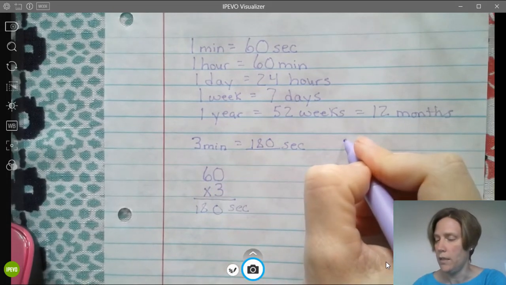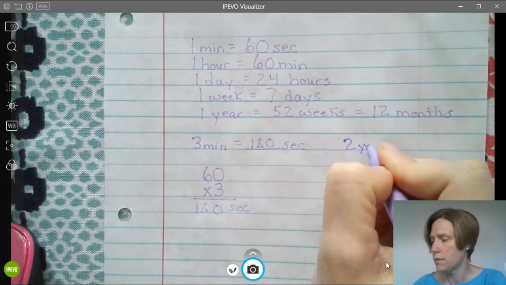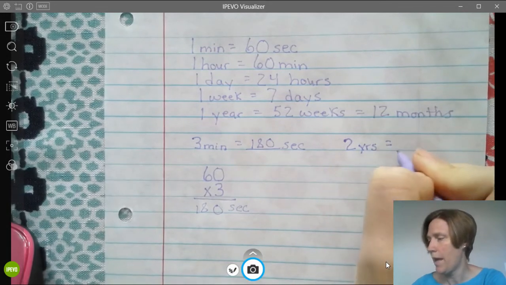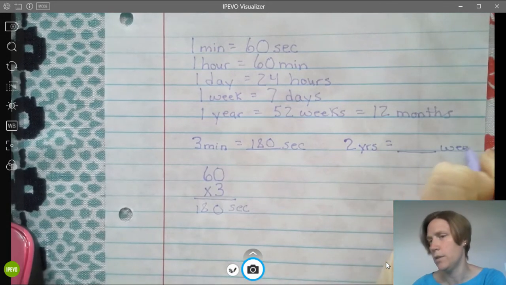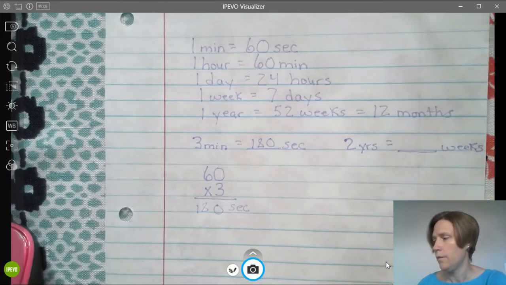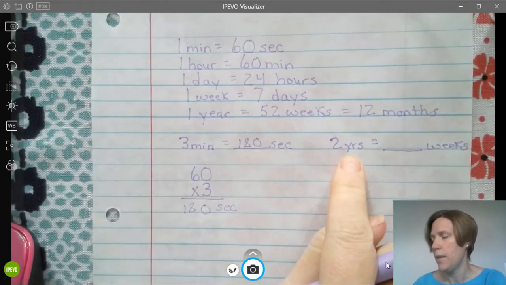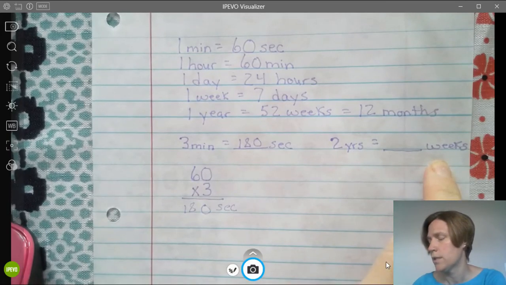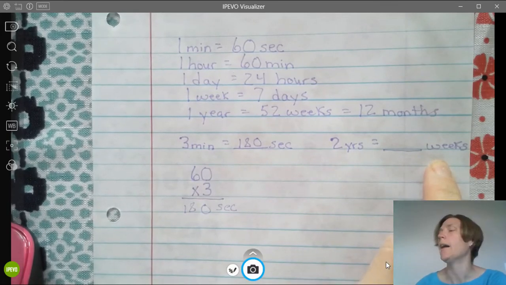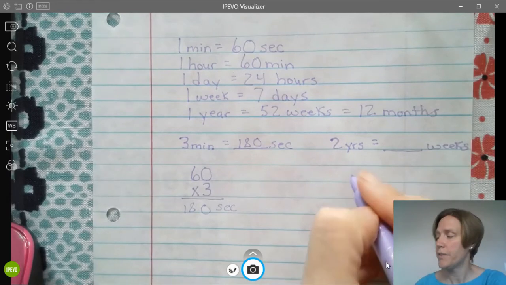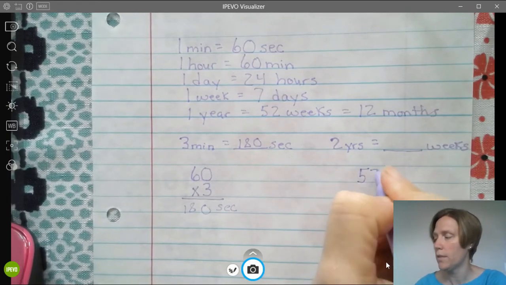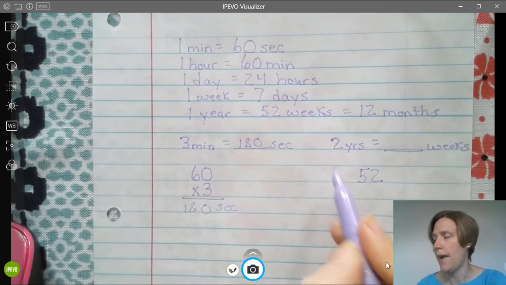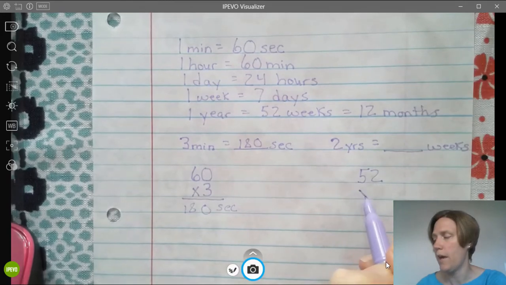Let's try years. If I have 2 years and I want to know how many weeks are in 2 years, once again, I'm going from a larger unit to a smaller unit. So I will need to multiply. I know that there are 52 weeks in 1 year, and here I have 2 years that I'm trying to find out how many weeks they are.